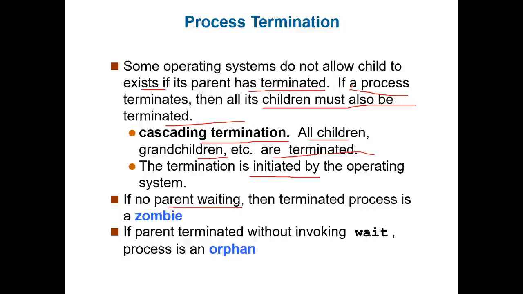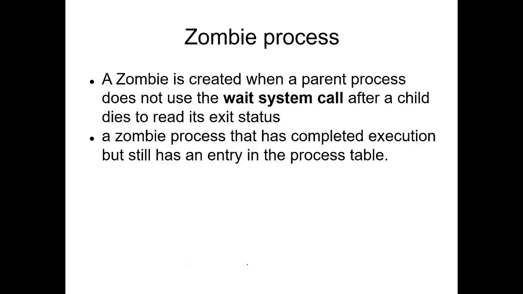If no parent is waiting, then the terminated process is a zombie. If the parent terminated without invoking the wait system call, the process is an orphan. So let us understand what a zombie process and an orphan process are. Zombie process. A zombie process is created when a parent process does not use the wait system call after a child dies to read its exit status.